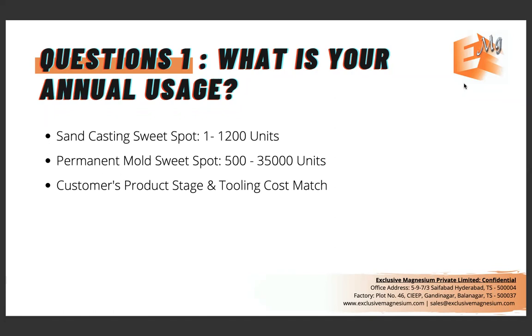For sand casting, the sweet spot for us has been one unit to 1200 units a year. If you are under that, you might consider sand casting. For permanent mold, customers come with 500 to 35,000 units per year, and if you're within that range, it makes sense to do permanent mold. It all depends on the customer's product stage.